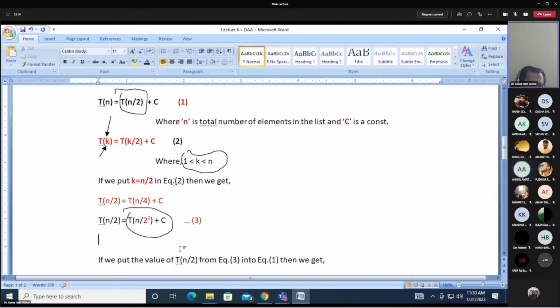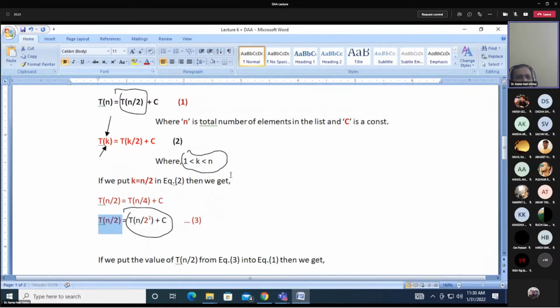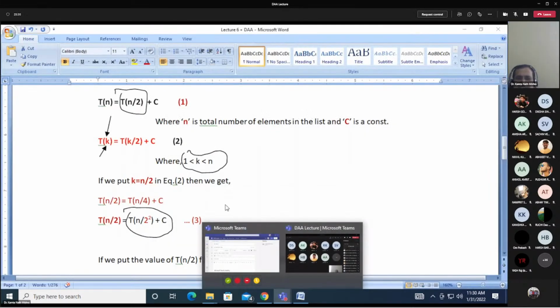2c equals how much? If from equation 3 you take the value of Tn by 2 and put it in equation 1, then you will get Tn equals Tn by 4 plus c plus c. c plus c equals how much? 2c.